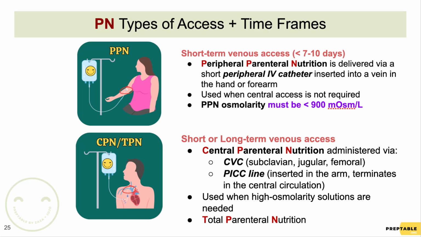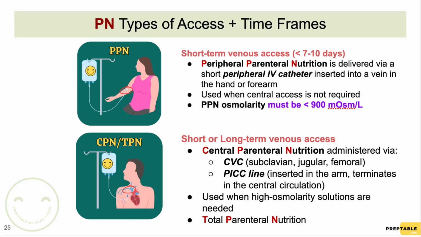Now, both CVCs and PICCs are appropriate for administering TPN since they deliver the solution directly into the central circulation. While the terms CPN and TPN are often used interchangeably, they technically describe different aspects of the therapy.